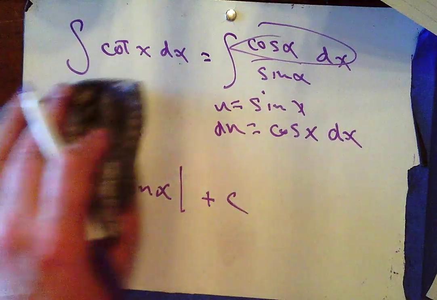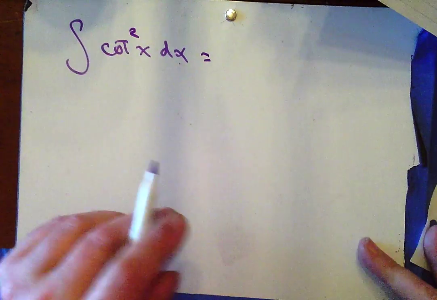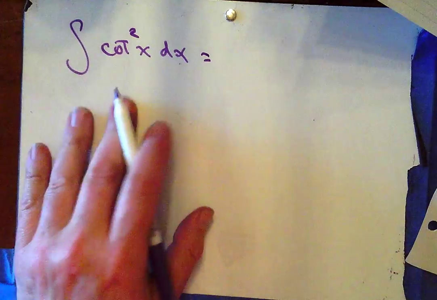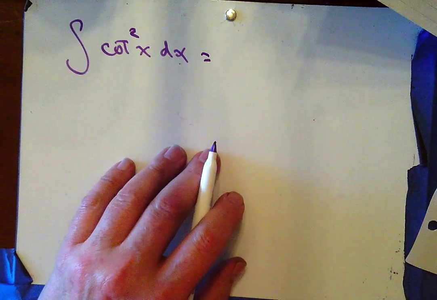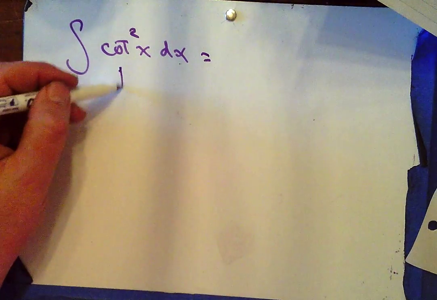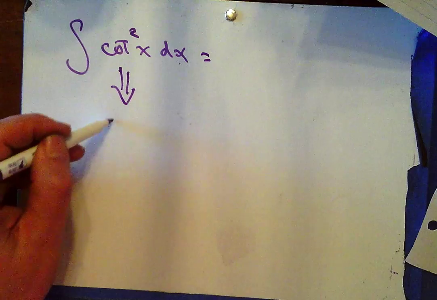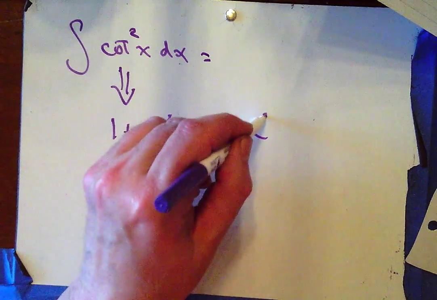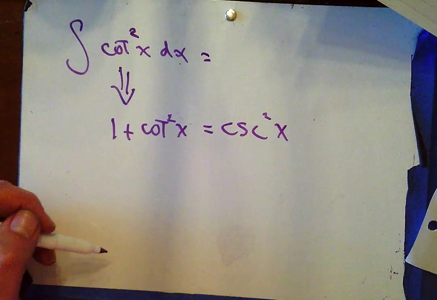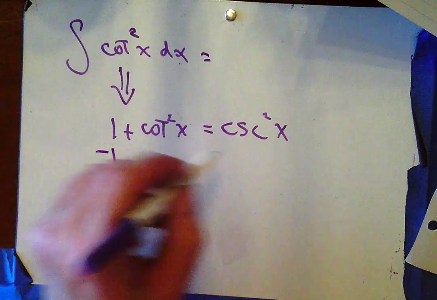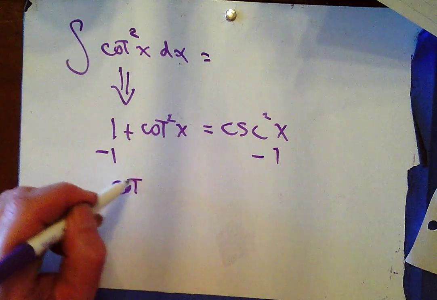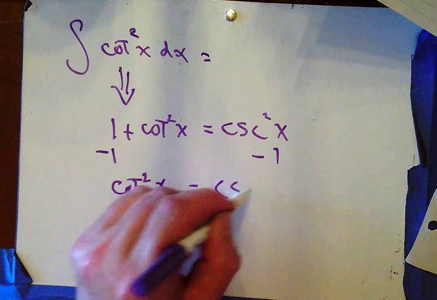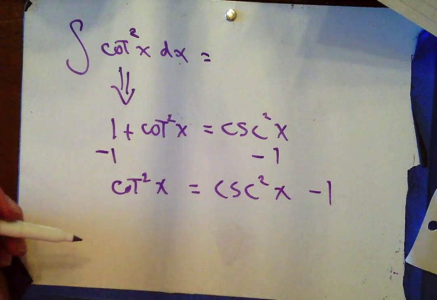But what if I make just a minor change to this problem and turn it into cotangent squared? What's my integral going to be here? Well, yeah, this is my Pythagorean identity. Remember 1 plus cotangent squared equals cosecant squared? Yeah, it's one of our trig identities that you're supposed to remember. So cotangent squared is cosecant squared minus 1.